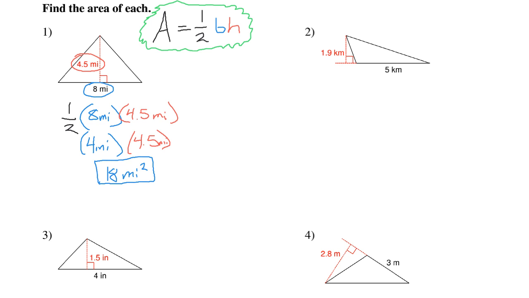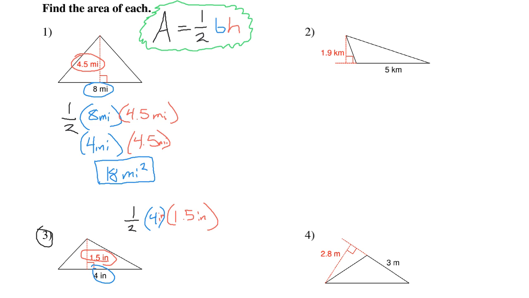Next one up on the bottom here, we'll move to number 3 next. I'm going out of order, I know. We're going to have 1/2 base times height. So our base here would be 4 inches and our height here would be 1.5 inches. In this case, I'm going to be flexible.